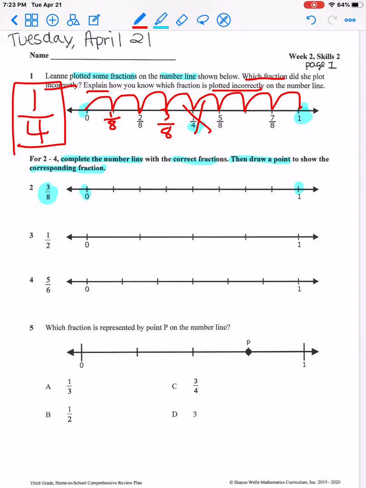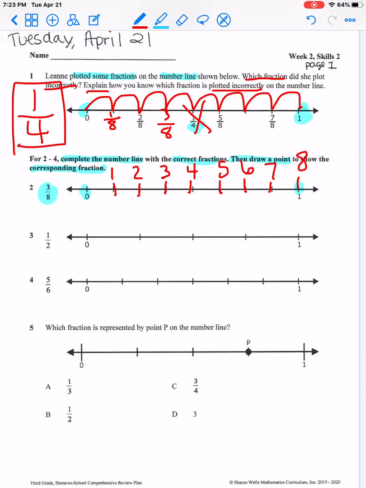Well, let's find out. 1, 2, 3, 4, 5, 6, 7, and 8.